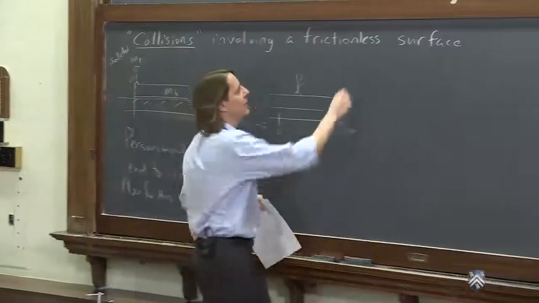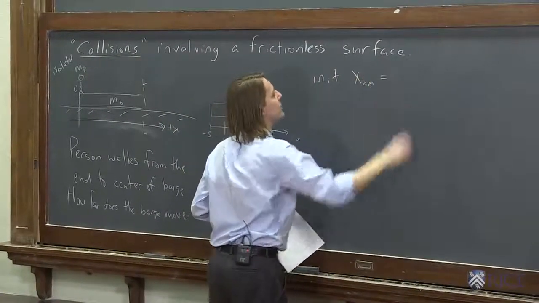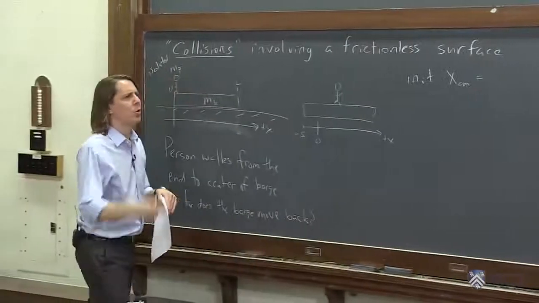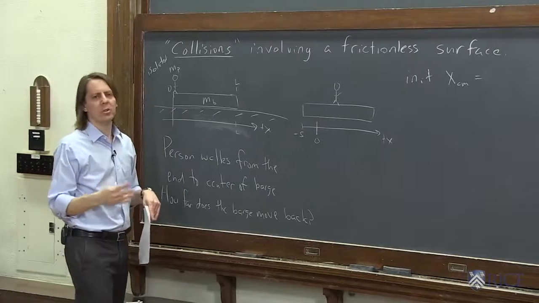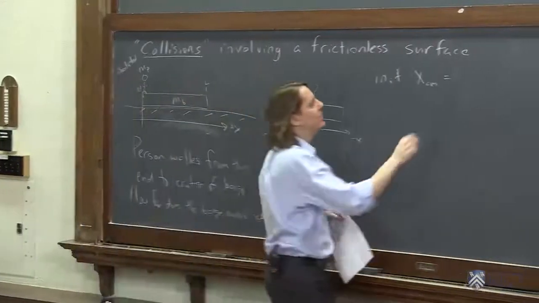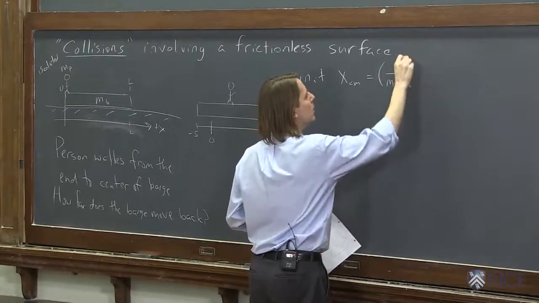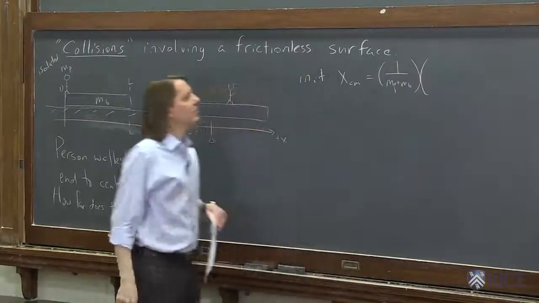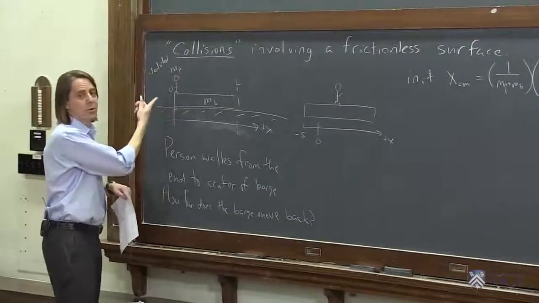All right, so let's look at the initial x center of mass, right? So the center of mass is 1 over the total mass times the position of each mass times where it is, right? So 1 over mp plus mb, times my position times my mass, but I'm at 0, so that's nice.